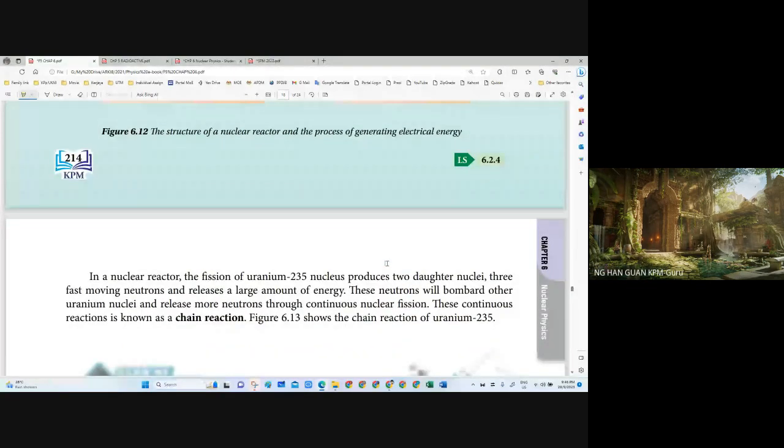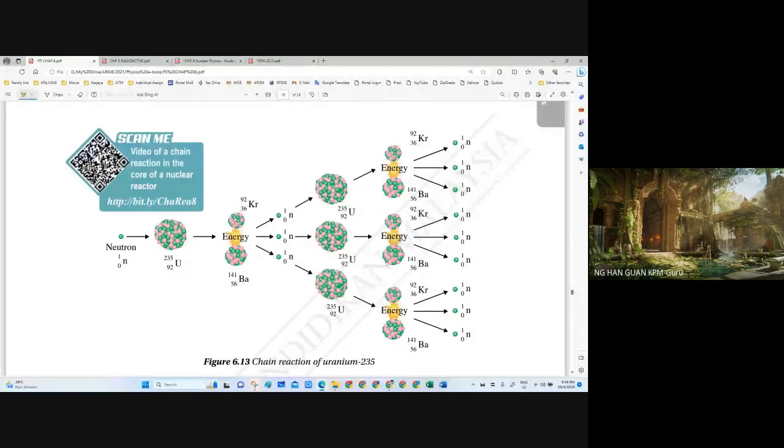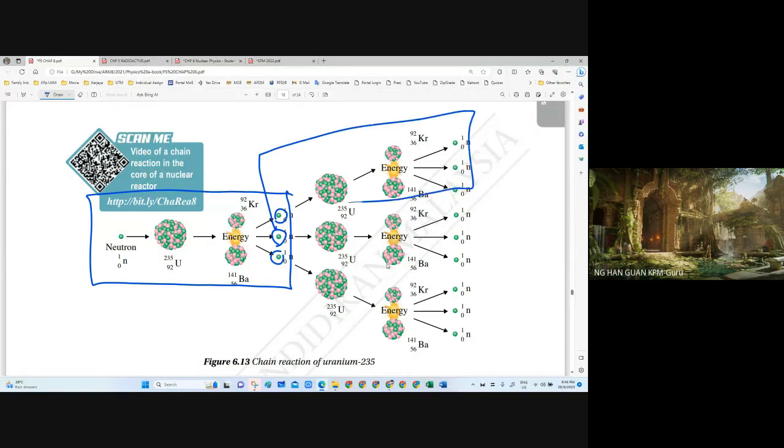The process here is the nuclear fission we just discussed. From one nuclear fission process, the three neutrons will continue to bombard the remaining uranium-235. So from one nuclear fission, it becomes three nuclear fissions.